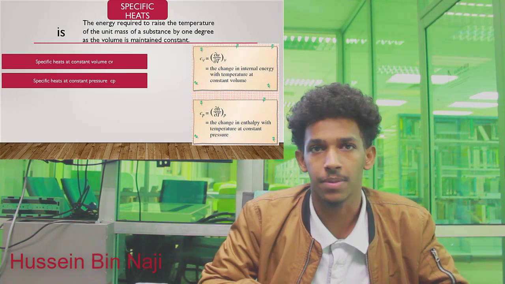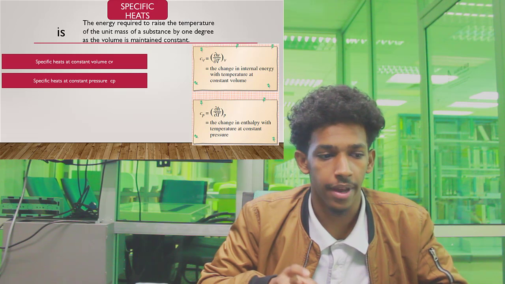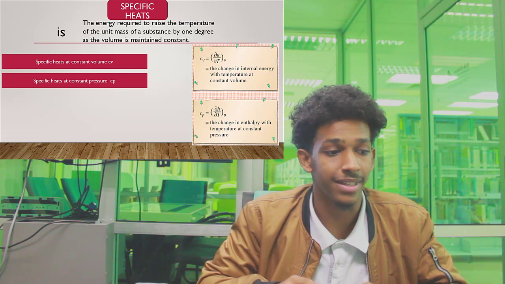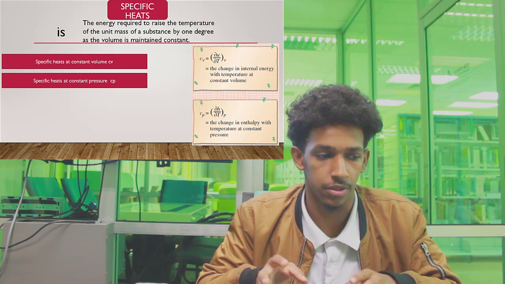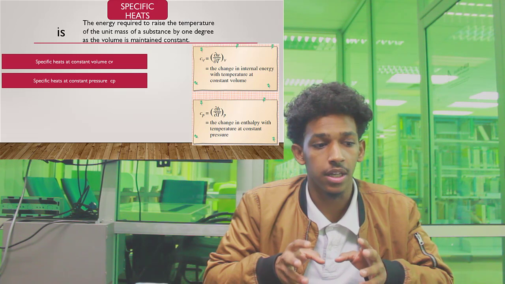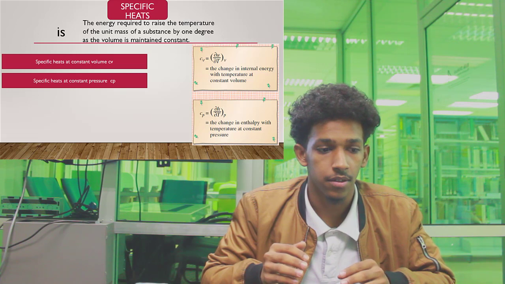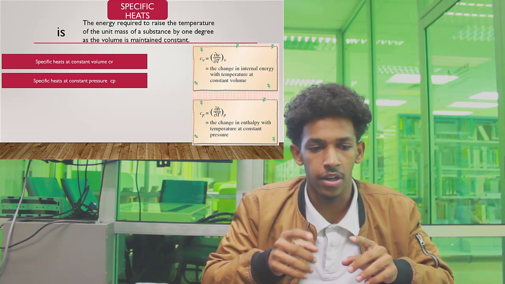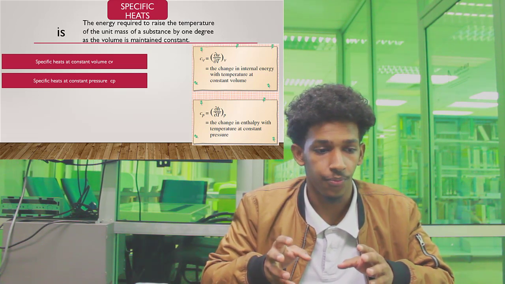We define the specific heat as the energy required to raise the temperature of the unit mass of a substance by 1 degree as the volume is maintained constant. The specific heat at constant volume, Cv, equals del U over del T. That means the change in internal energy with temperature at constant volume.